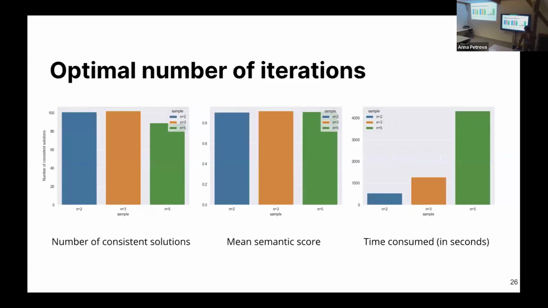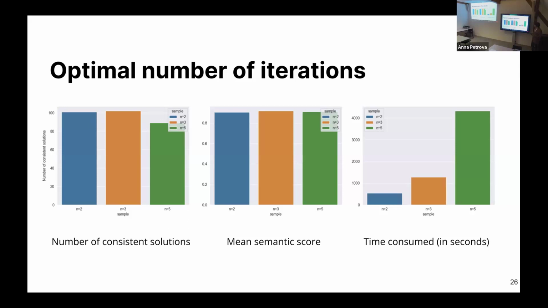Thanks. So yeah, the second experiment was about number definition, because for each experiment, as the number of iterations increases, the number of computations to compute the scores increases too. So we need to choose the best possible option that gives us the most consistent solutions for the time spent.